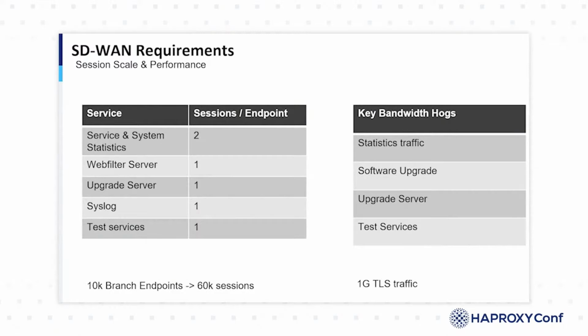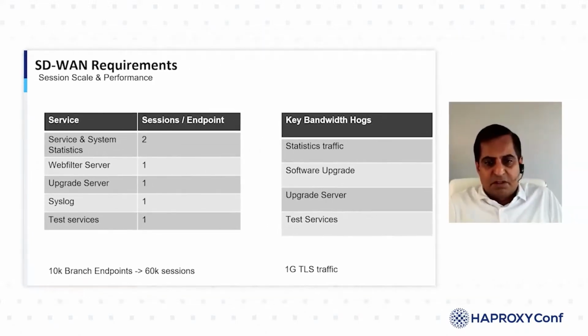When it comes to session scale and performance for SD-WAN, the utility host needs about 6 to 7 sessions per branch endpoint, which in turn translates to HAProxy requirements for session scale. 2 sessions for service and system stats, 1 for web filter server, 1 for upgrade, syslog, test services. So in all, we have about 6 to 7 sessions for each branch endpoint.